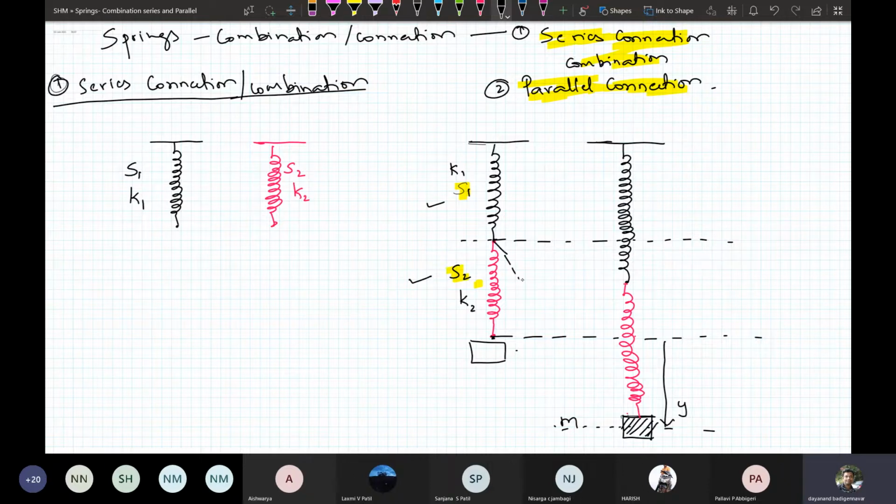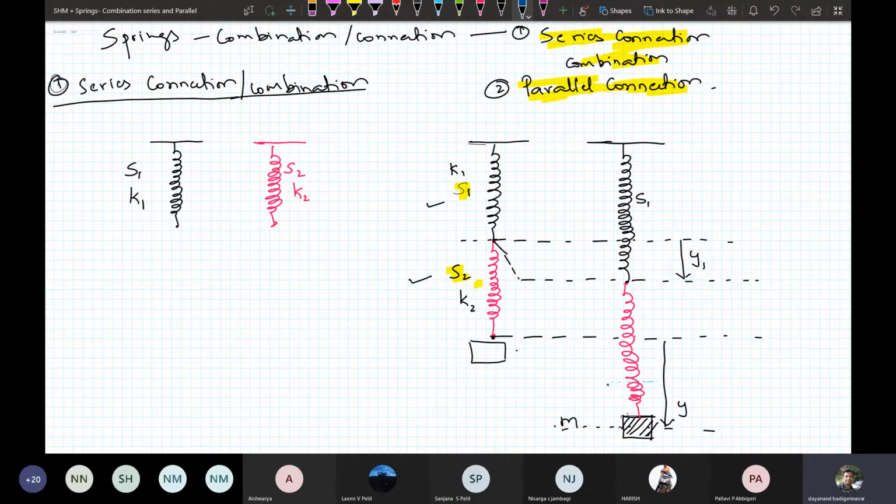How much is the extension in the spring S1? Due to the mass that I have applied, the spring elongation is y1. This much is the extension in the spring S1. You are getting the point. Likewise, in spring S2 there is also some extension. I will write the extension.